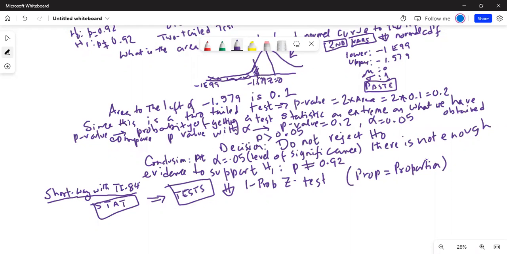My p0 is 0.92, my x is 178, my n is 200.